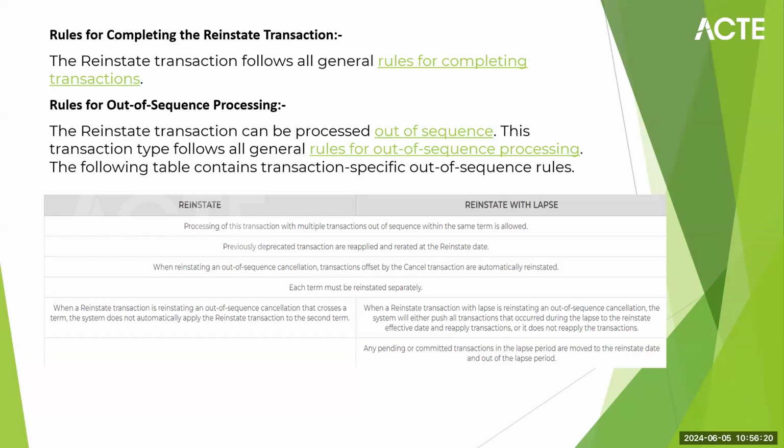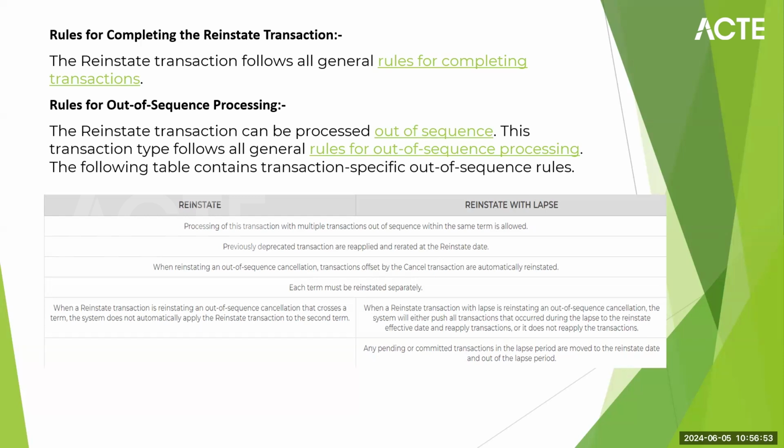If you have done any out of sequence, like outside the expiration date and effective date, then in that case, the changes will not be done. When you reinstate, the revert-back changes will not be done because it is out of sequence. The policy date should be within the term date itself.